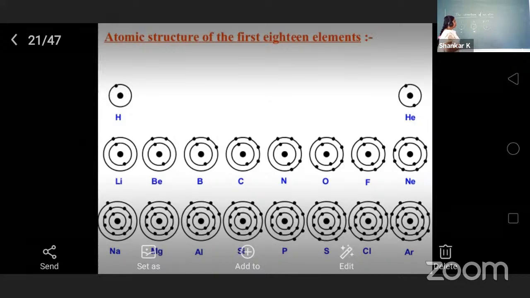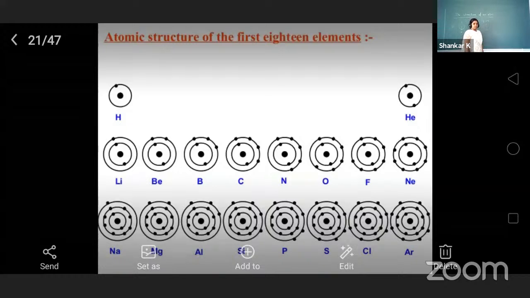Are you understanding or not, students? In the first cell, 2 electrons should be present. Okay? So 2 electrons. Lithium is 3.